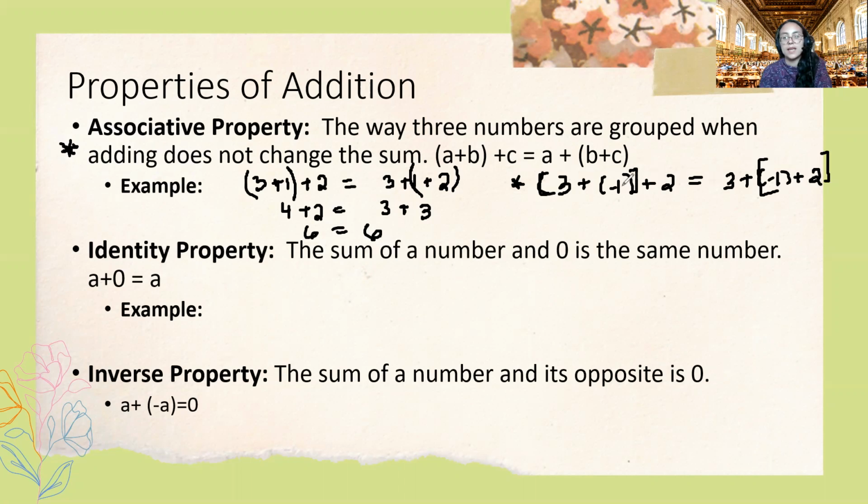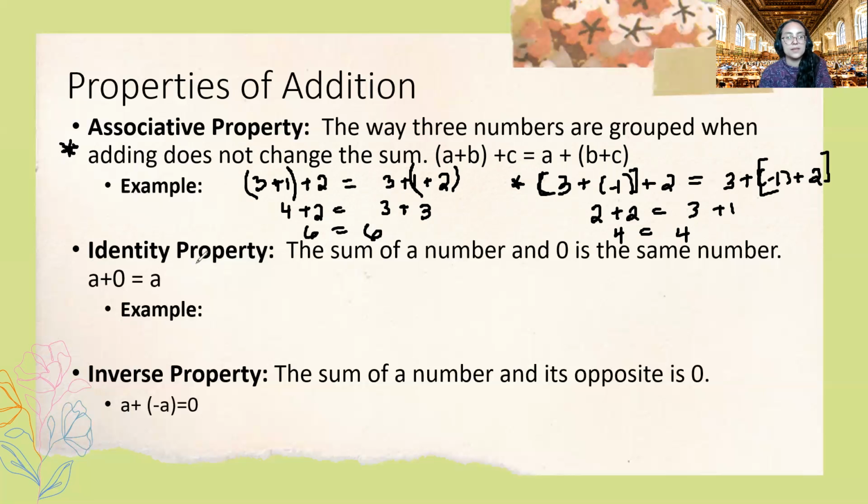So 3 plus negative 1 is going to give me positive 2. Then I bring down my 2 here, and 2 plus 2 is going to give me 4. And on the right-hand side, I add negative 1 plus 2, and this is going to give me positive 1. 3 plus 1 gives me 4. So you see, we can also do this with negative numbers.